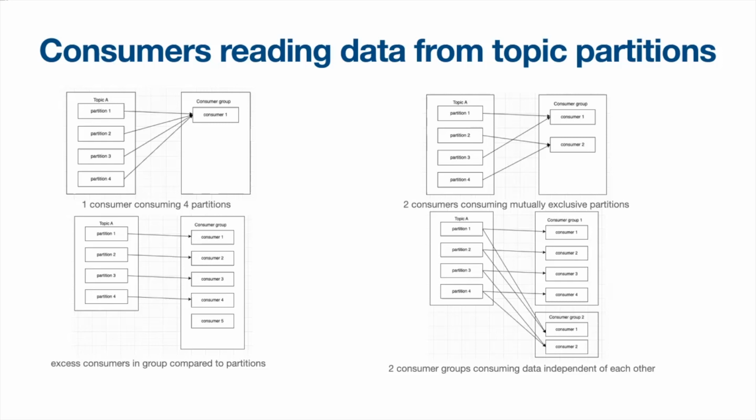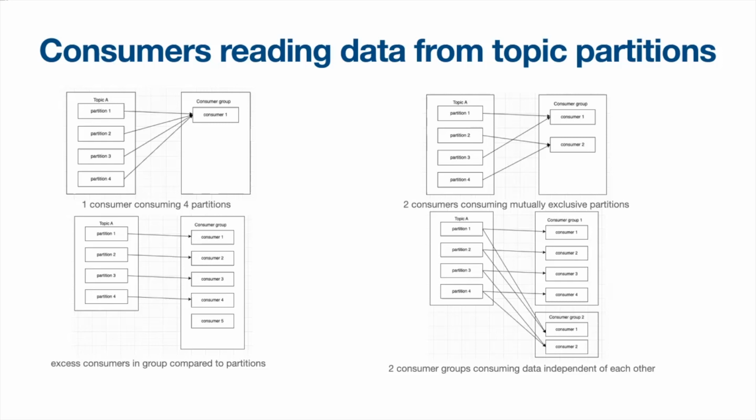And coming to the last diagram, the bottom left, excess consumers in a group compared to partitions. If you have four partitions and in your consumer group you have five consumers, then one of your consumers is going to remain idle, because the maximum number of consumers a consumer group can have is equal to the number of partitions in your topic.